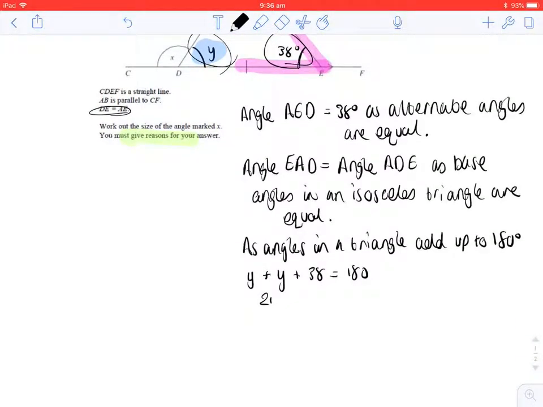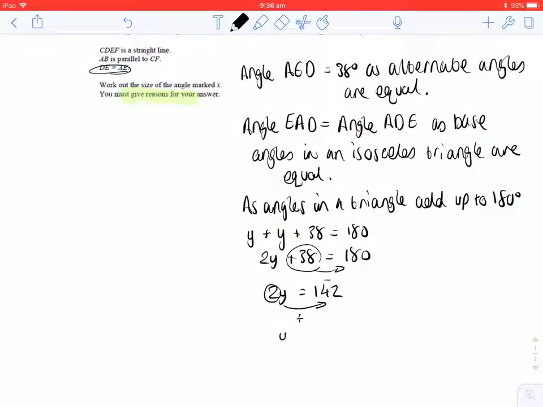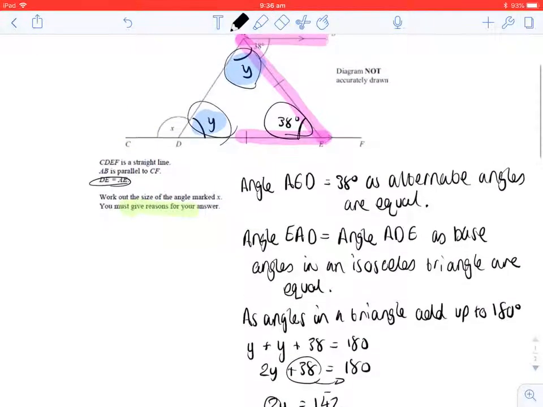So this is 2Y add 38 equals 180 degrees. I can take the 38 over and it becomes a minus, which leaves me with 2Y is equal to 142 degrees. Take the 2 over and it becomes a divide. And so half of 142 is 71 degrees. So now we've found that Y is going to be 71 degrees.